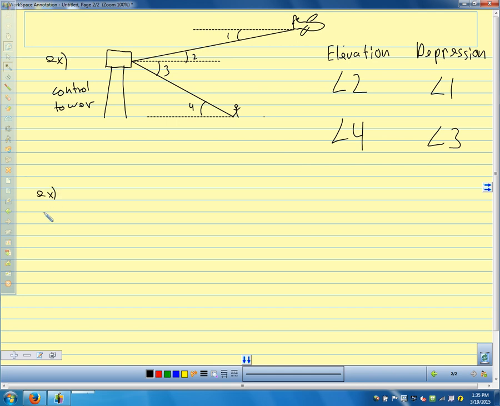All right, so for this first example, we have a person that is 120 feet from the base of a tree.